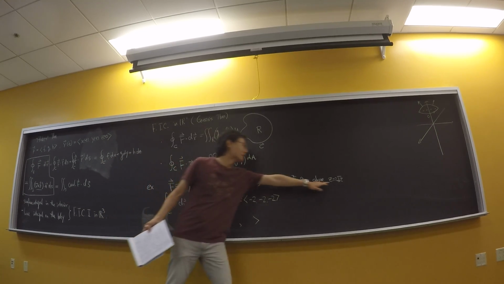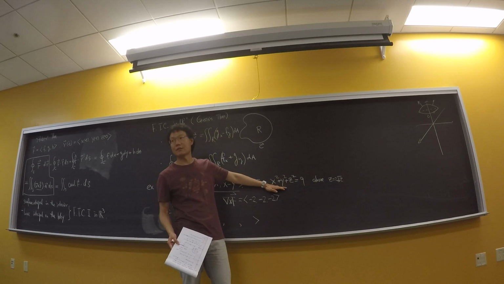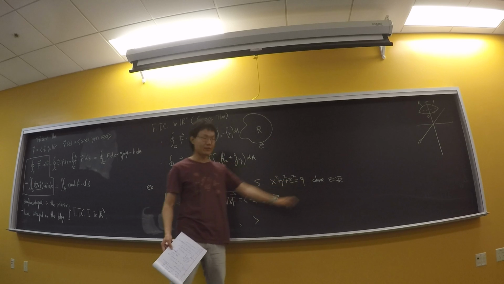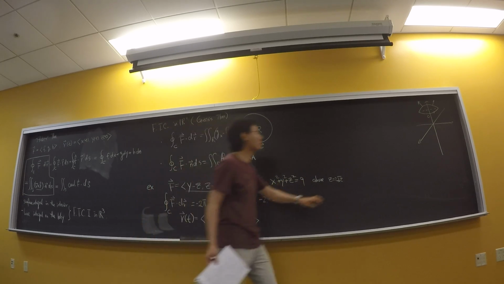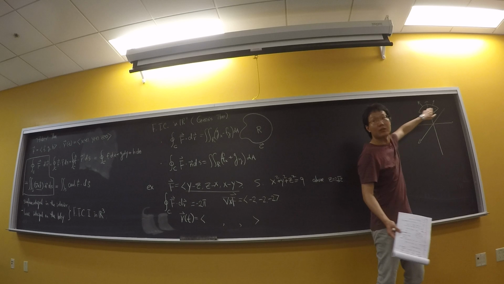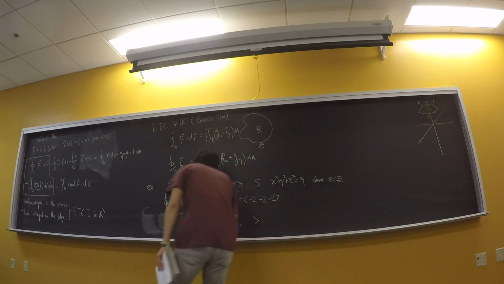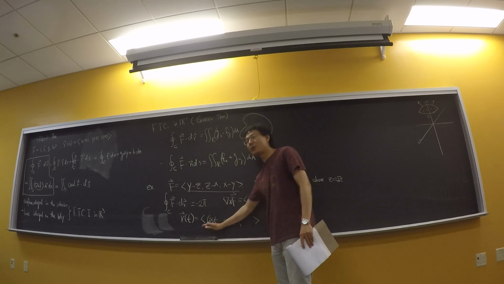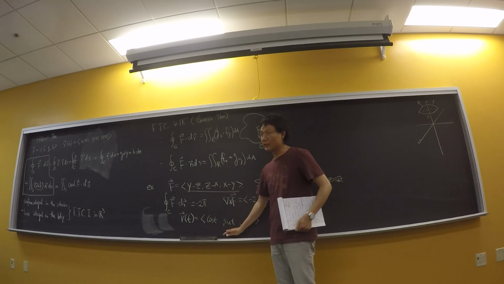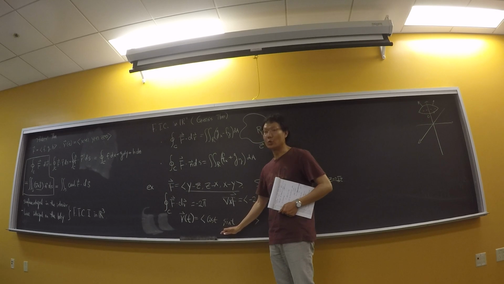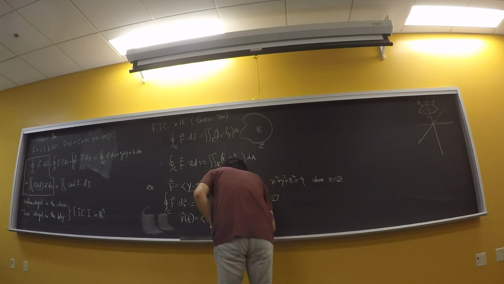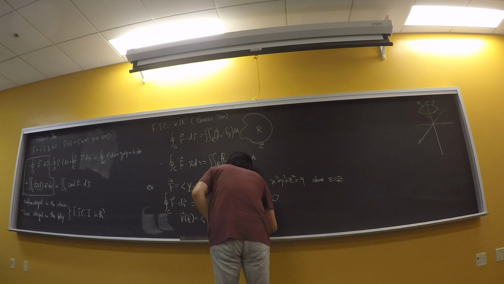You plug this condition into the equation of the sphere and get x squared plus y squared plus 8 equals 9, so x squared plus y squared equals 1, which defines this circle. So you have cosine t, sine t. But cosine t and sine t, two components, only define a circle in R2. This is a curve in R3, so I also have to have the z component.